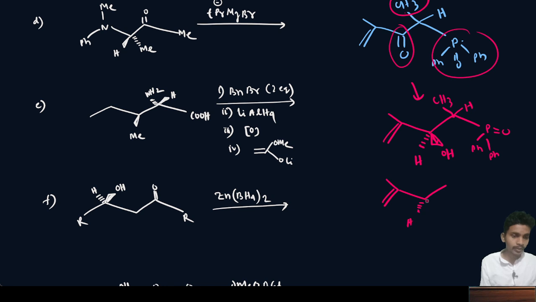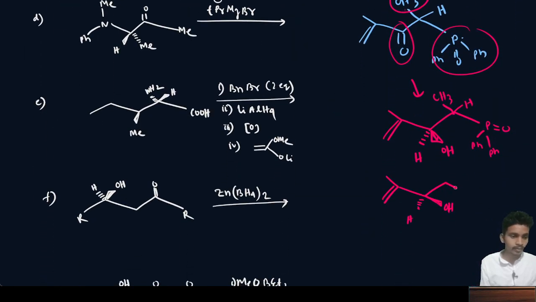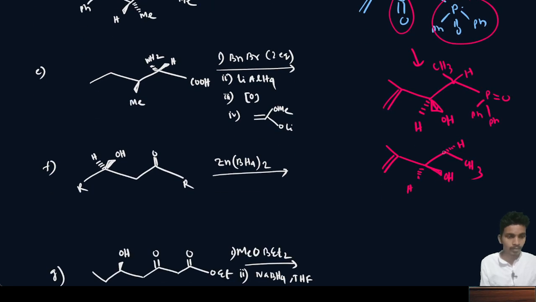This is H, this is OH, and here CH3 is here, and here we have H, and on this side we have pH, pH, double bond. So this is the final answer for this question.